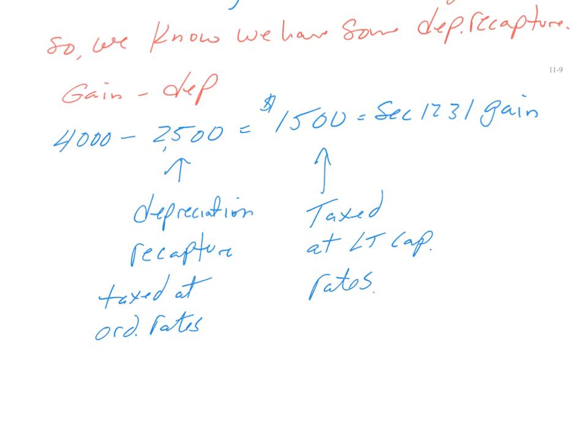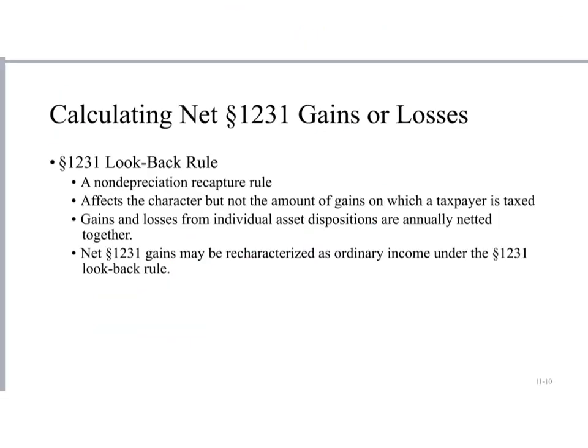All right, so there is one last wrinkle. And the last wrinkle is called the Section 1231 look-back rule. Okay? And what this means is you have to look back 5 years and see if you were able to deduct 1231 losses as ordinary losses.